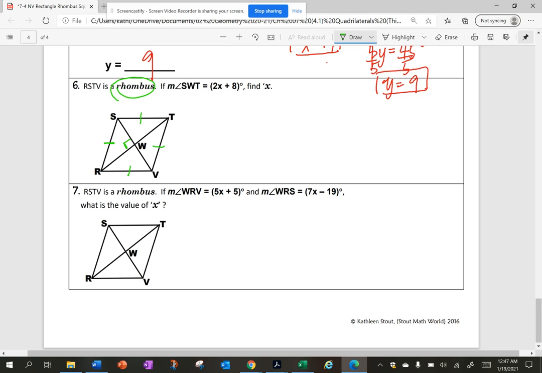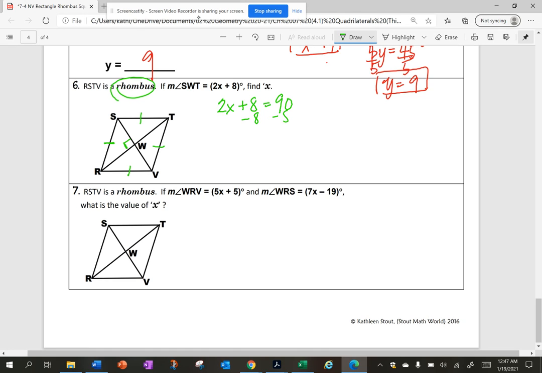If the measure of angle SWT is 2x plus 8, find x. Well, I know my diagonals are perpendicular, so I know all four of these angles are perpendicular. So a perpendicular angle is a right angle, so that equals 90.